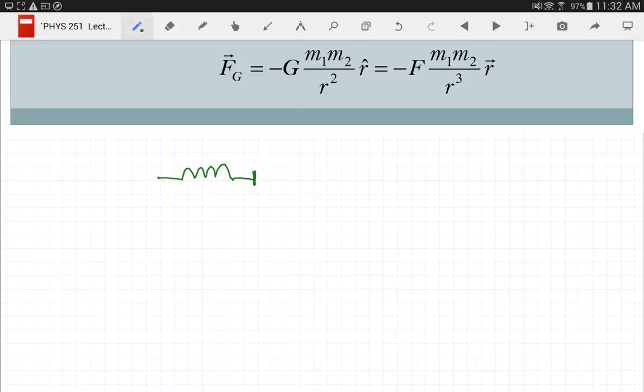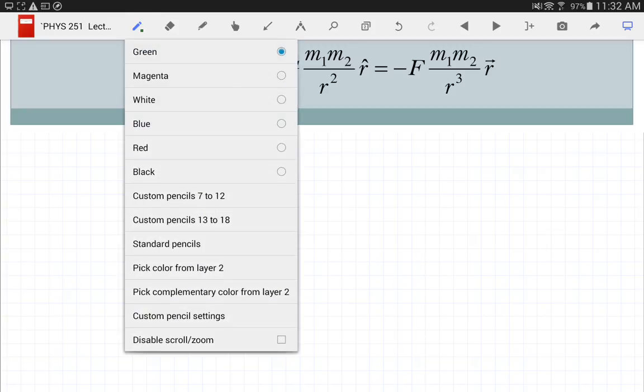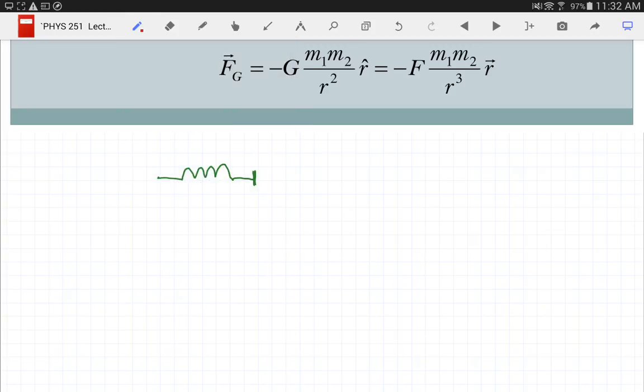We're going to take the spring, and now we're going to stretch it. And so I'm going to take the spring and stretch it out. So in the end, it's going to be like this, right? Now, what direction will the force the spring applies to an object be? If I stretch the spring, what direction is the force going to be? Okay, you guys are pointing the correct direction.